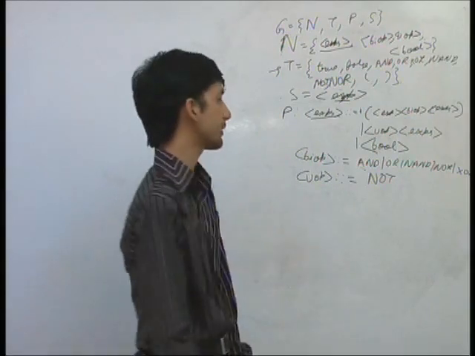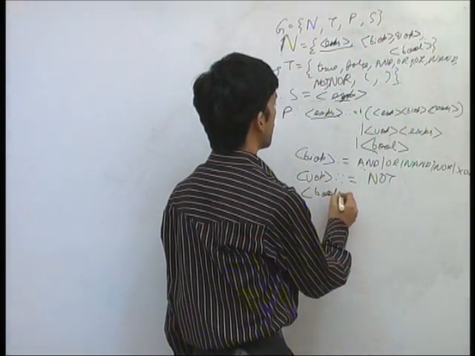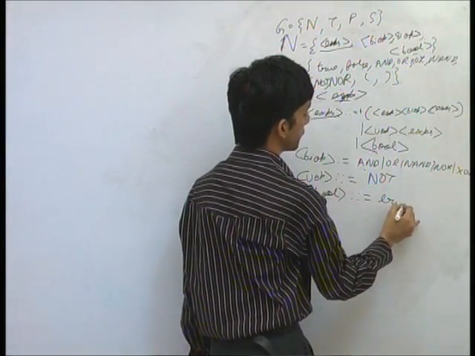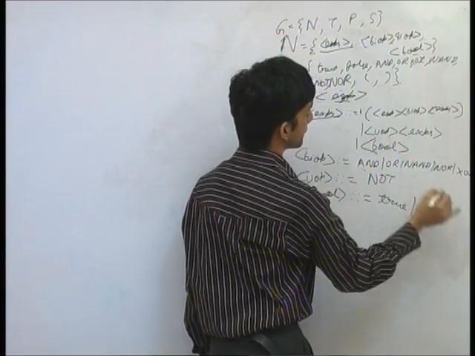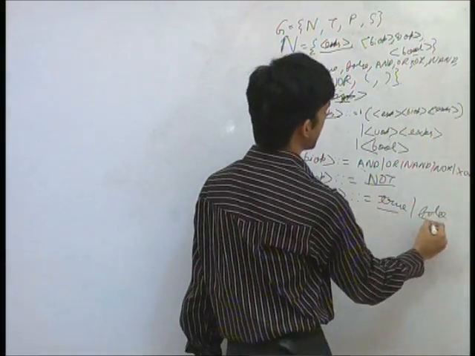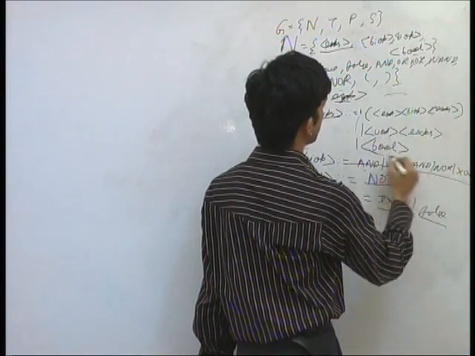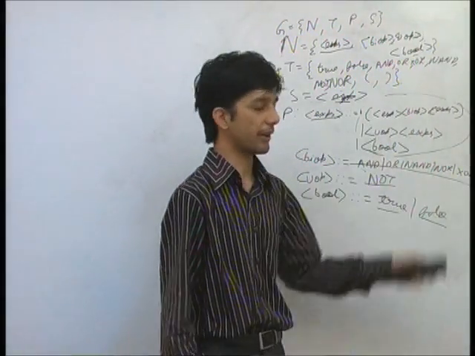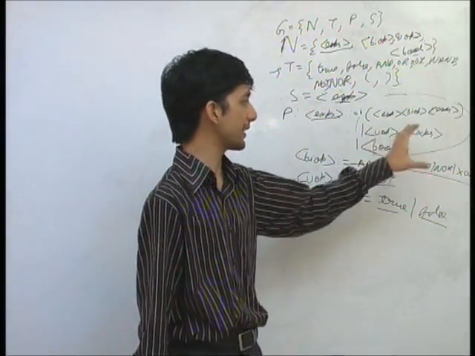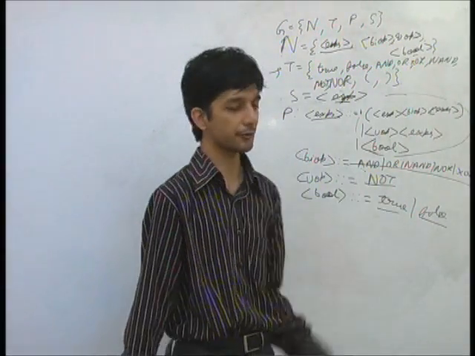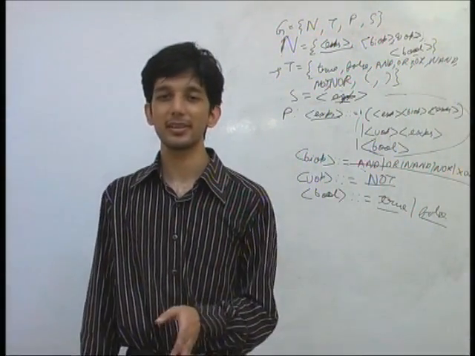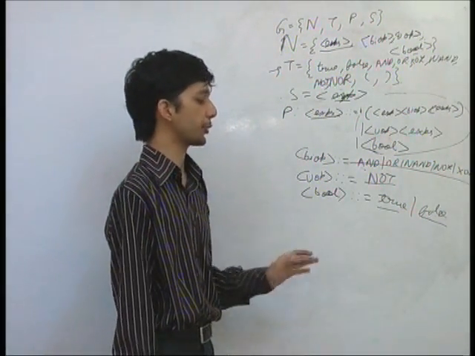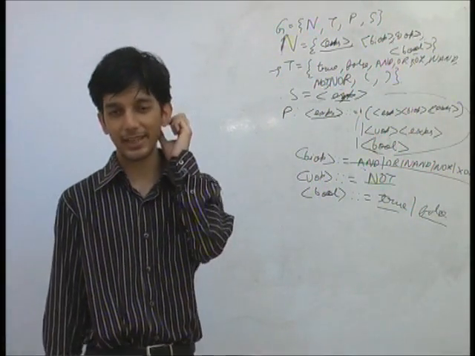My bool can get broken down into either a true or a false. These are terminating, and these are not terminating. So expression is being converted into a set of non-terminating symbols, and all the others are converting to a set of terminating symbols. Sometimes we get a mixed mode, some terminating and some non-terminating. That is what I specified as a production rule.